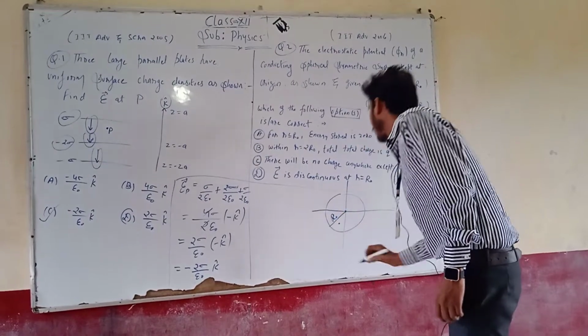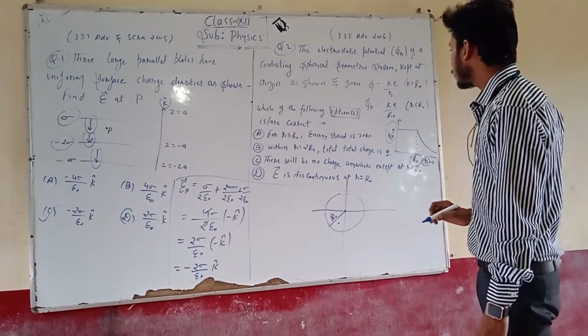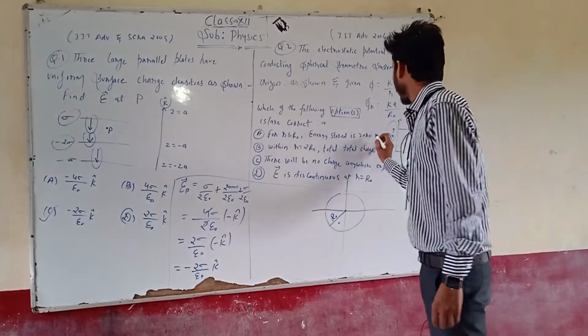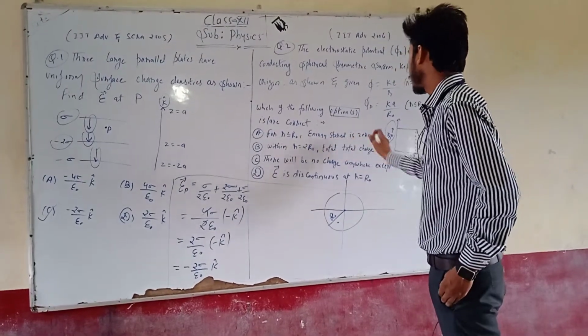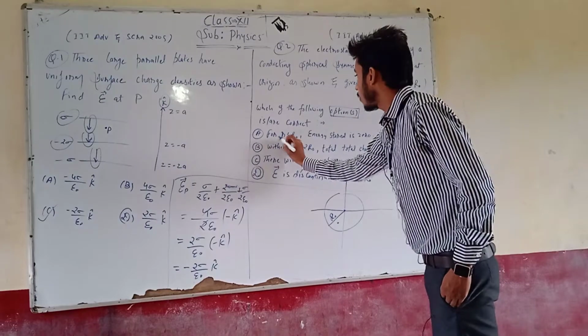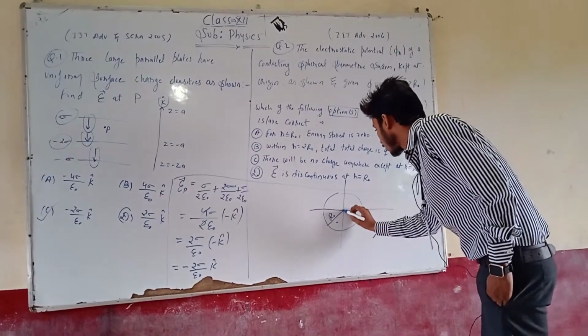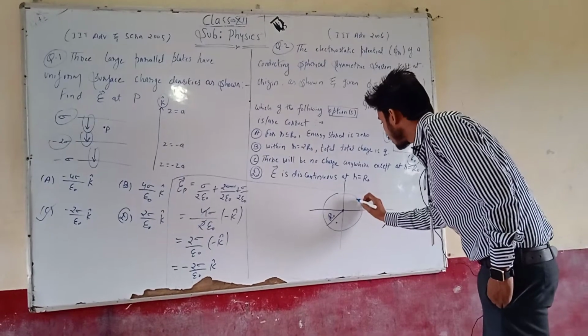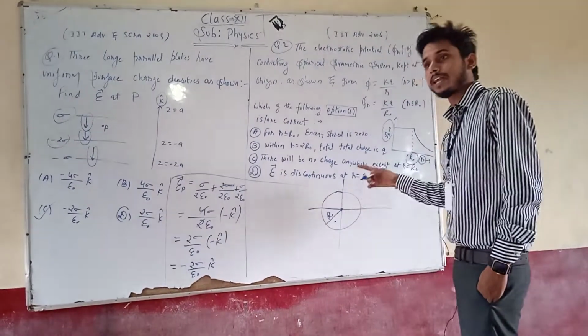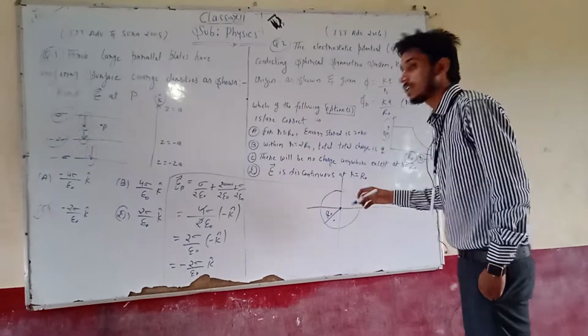The radius of this sphere is r naught, and we are given that energy stored is 0 for r less than r naught. Yes, this is the correct option because we know that the potential inside any conducting sphere is constant.